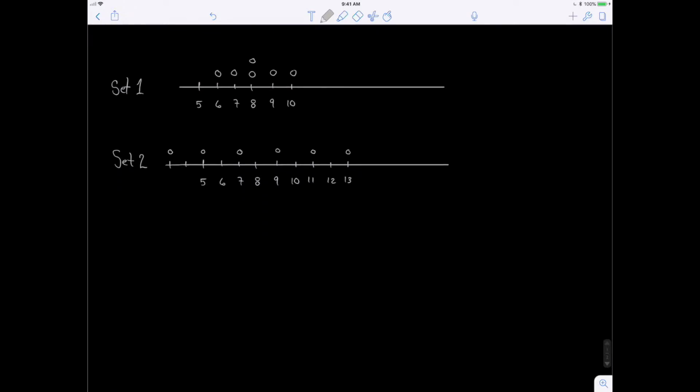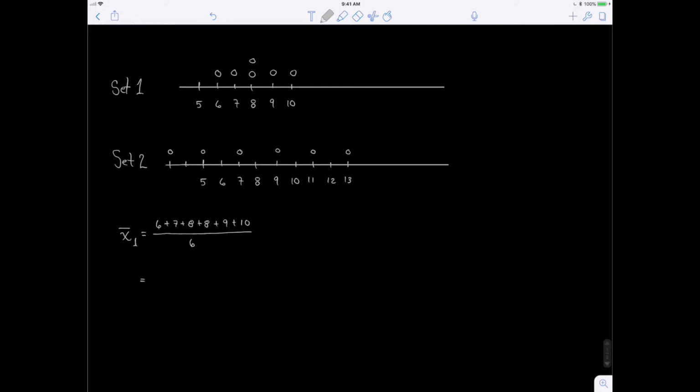So let's calculate the mean for each data set. I'm going to do it this way, x bar, and for set 1, I'll put a little subscript 1, and then we'll do the same for set 2. So if I calculate the mean for set 1, I take a 6 plus a 7, plus an 8, plus another 8, plus a 9, and plus a 10, and I divide that by 6.